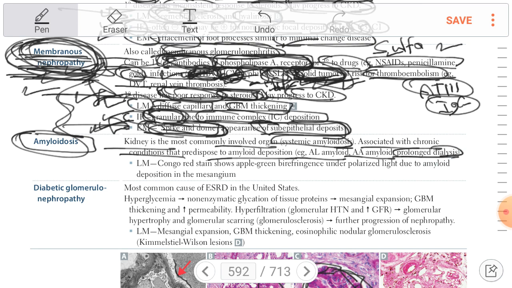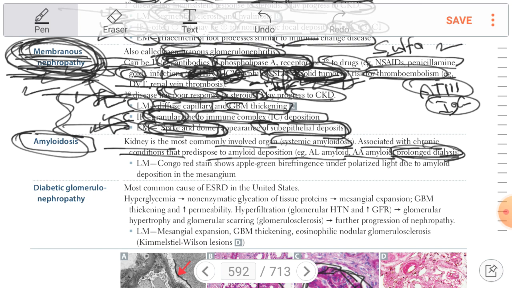A patient will come with carpal tunnel syndrome due to deposition of amylin surrounding the median nerve, leading to carpal tunnel syndrome. So prolongation of dialysis in end stage renal disease will come with carpal tunnel syndrome due to deposition of amylin.